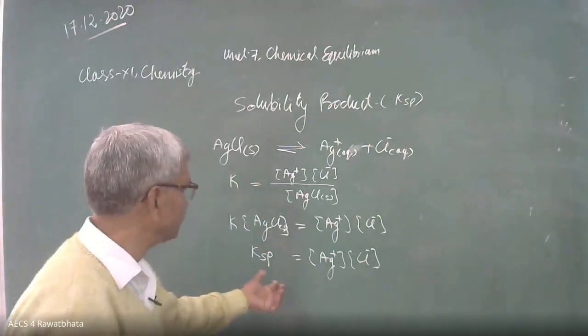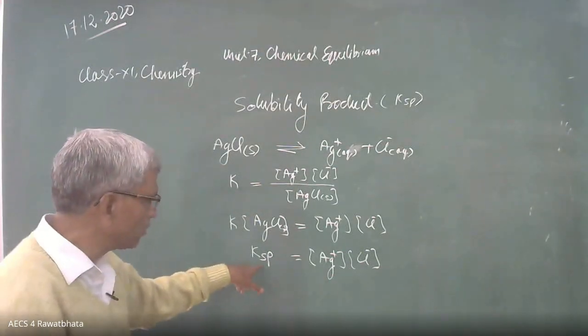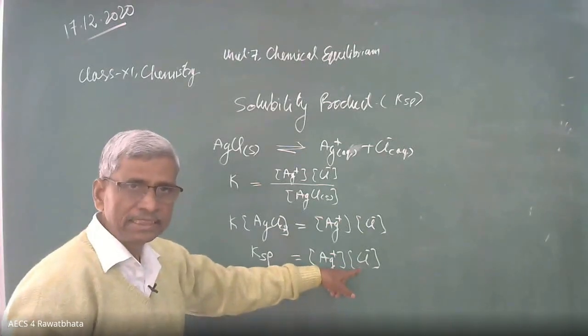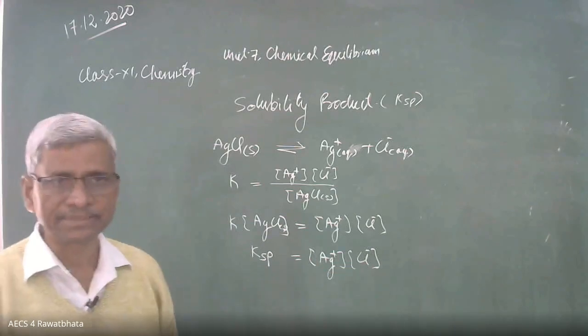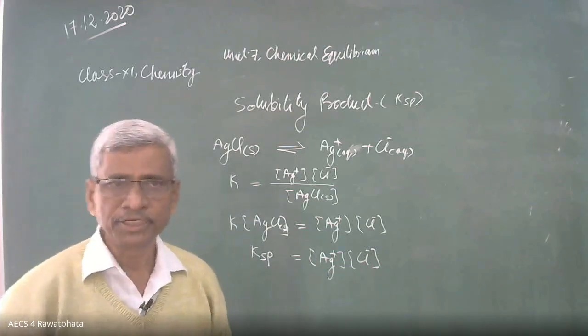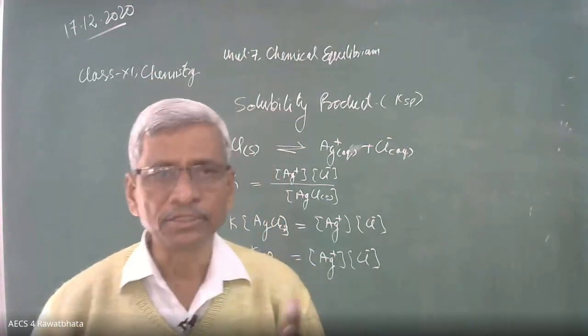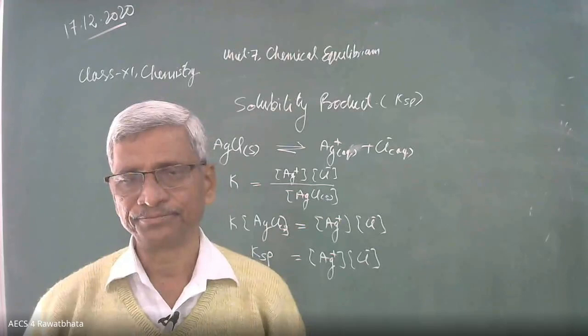Just expressed in words, this becomes the definition. Molar concentration means the volume should be 1 liter, and the concentration is in terms of moles. That is the solubility product.